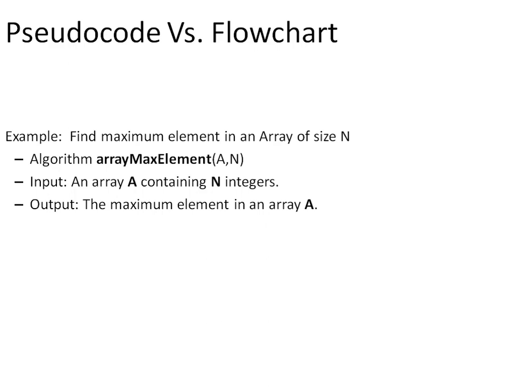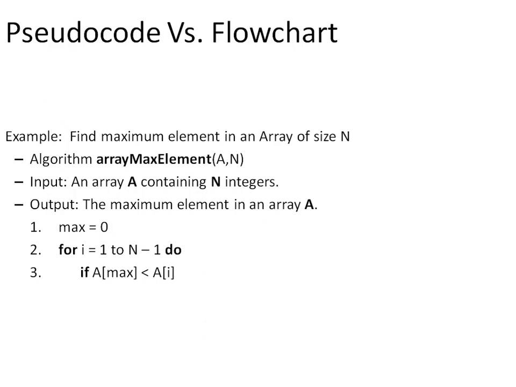Now the steps to be followed are: take a variable max and initialize it to 0. Then iterate over the loop from I equals 1 to n minus 1. In each iteration, check if the element at index position I is greater than the current maximum at index position max, that is, if A[max] is less than A[I] or not.